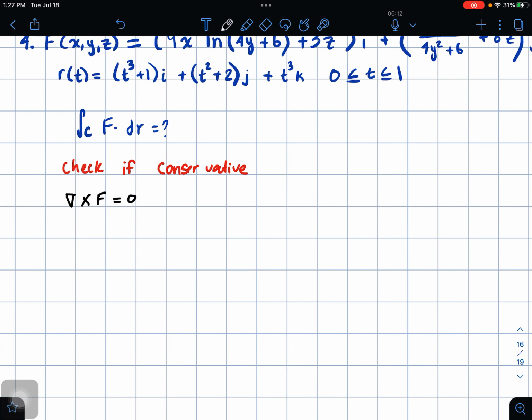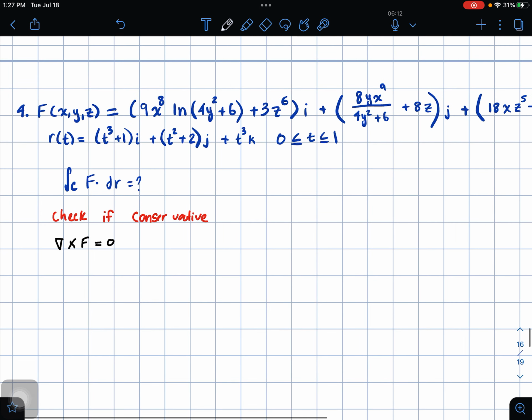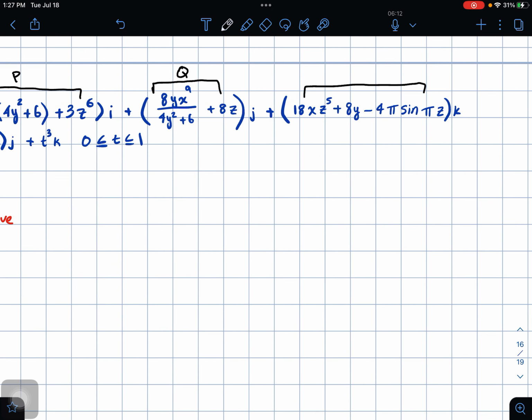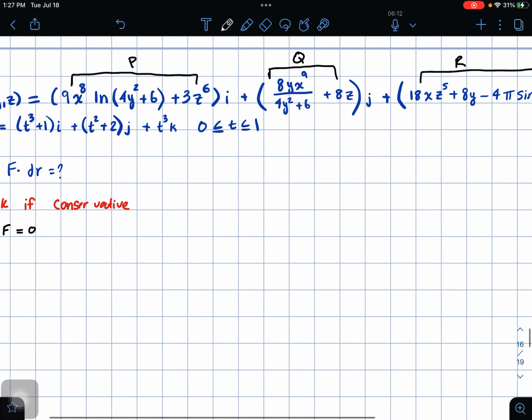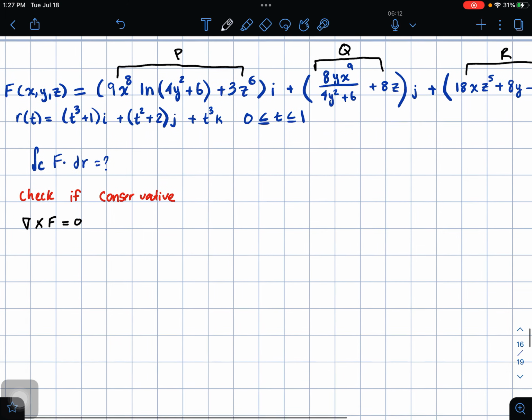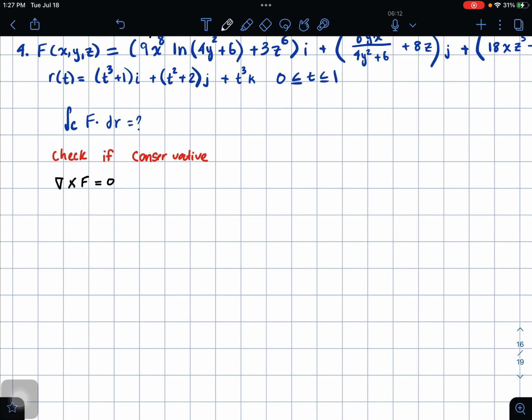So basically, this thing right here is our P, this thing right here is our Q, and this thing right here is R. The gradient is just the partial derivative of each of these P, Q, and R. But you can do the cross product in terms of the determinant.